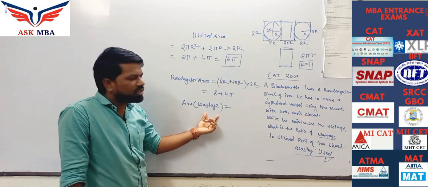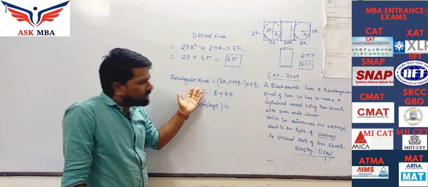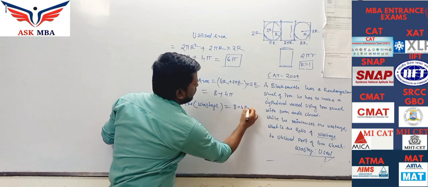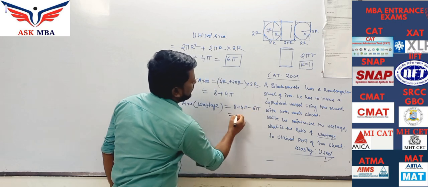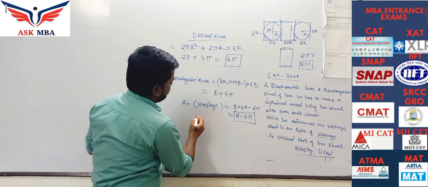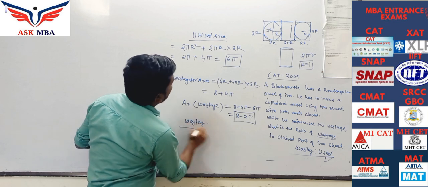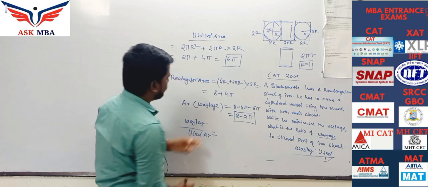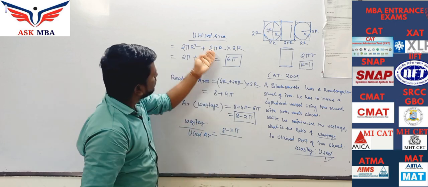Now for the area of wastage, we need to subtract the used area from the rectangular area. Rectangular area is 8 plus 4 pi minus 6 pi. So this gets us to 8 minus 2 pi. Now just put all these things together. The ratio of wastage to used area is equal to wastage, 8 minus 2 pi, over utilized, 6 pi.